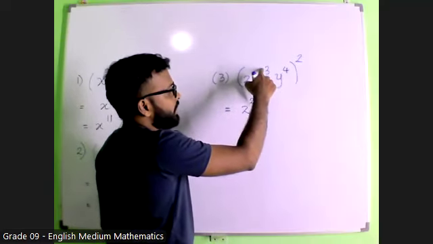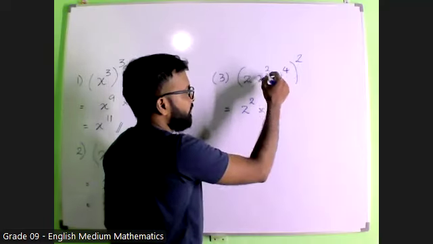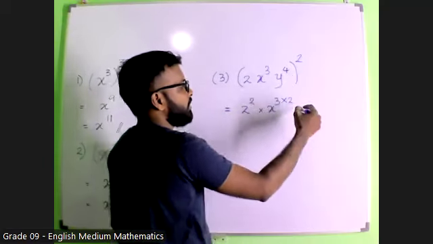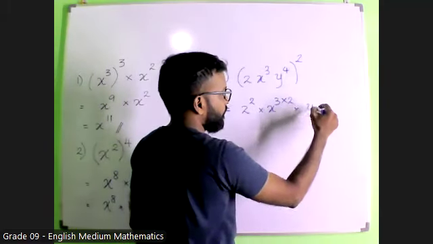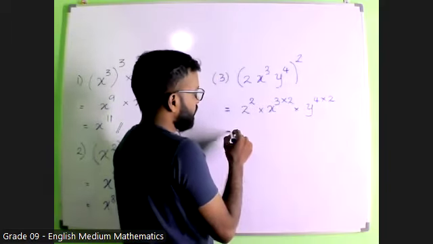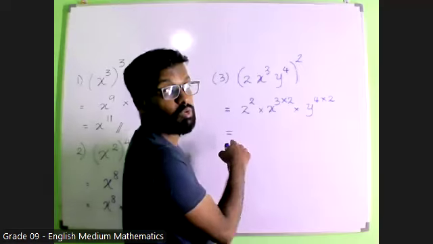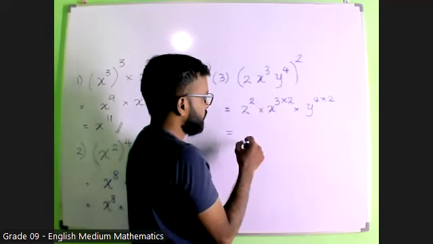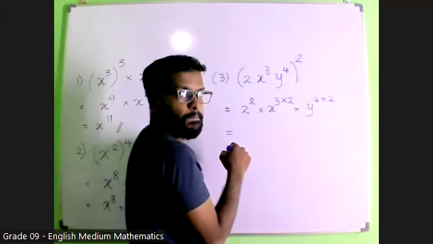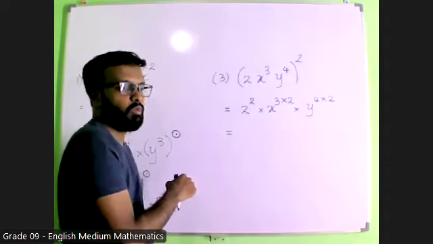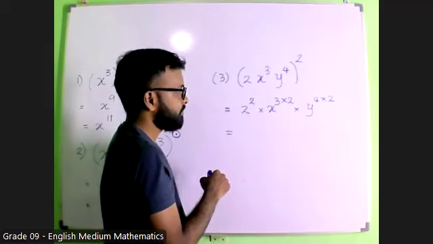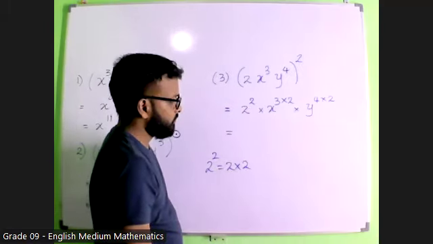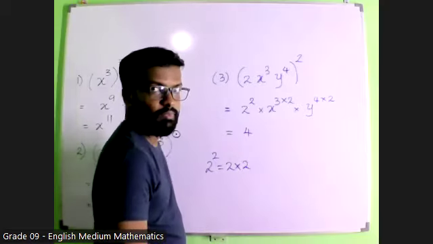X to the power 3 times 2, then y to the power 4 times 2, so equals 2 to the power 2. What is 2 squared? 2 times 2 is 4.